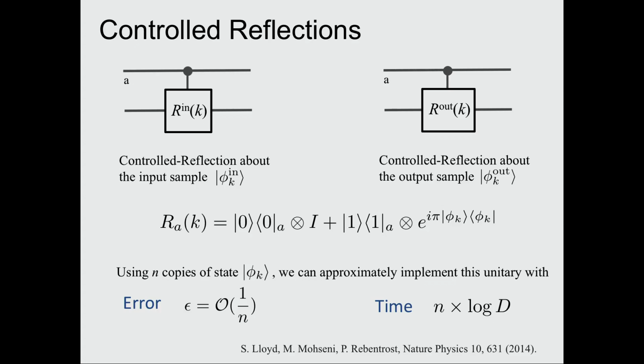You can show that using n copies of an unknown state phi k, we can approximately implement this unitary with an error of order 1 over n, in time n log d, where d is the dimension of the Hilbert space. So using these given copies, we can efficiently implement these boxes. But for now, I'm not going to assume that I have these boxes.